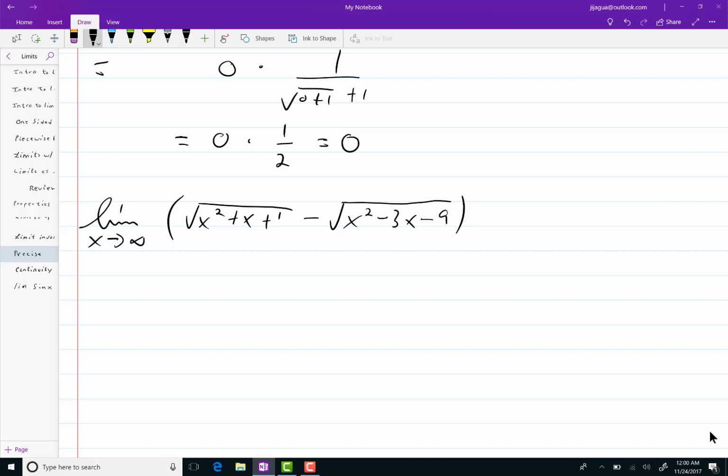And I'll do precisely the same thing. I'm going to multiply by the conjugate. So I'll get the square root of x squared plus x plus 1 plus the square root of x squared minus 3x minus 9, and I'll divide by that same thing.